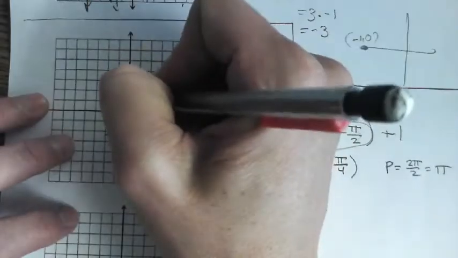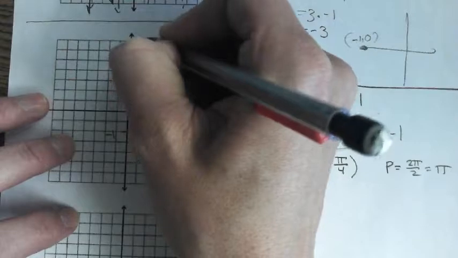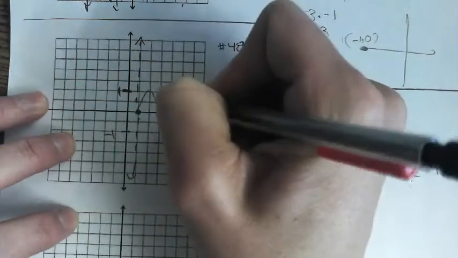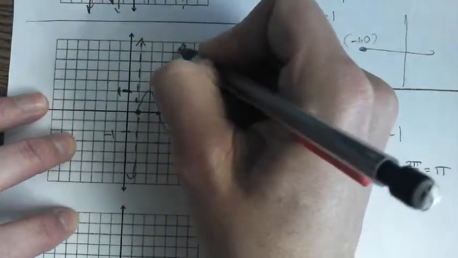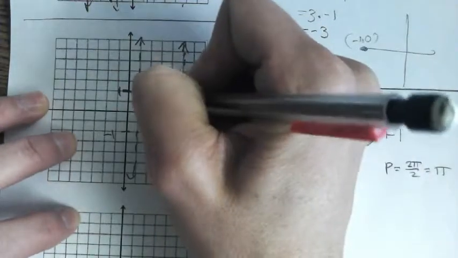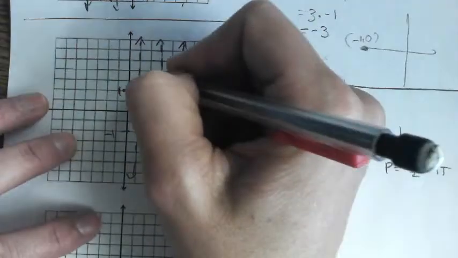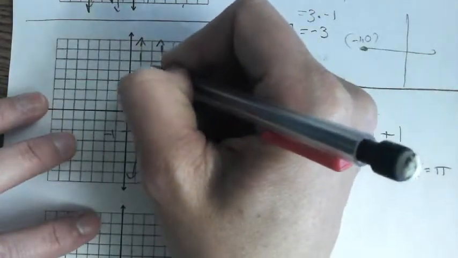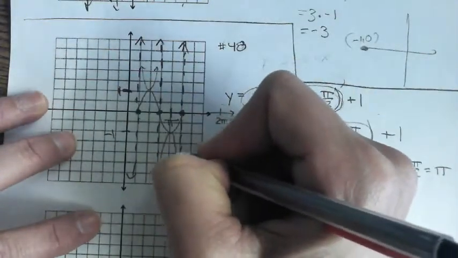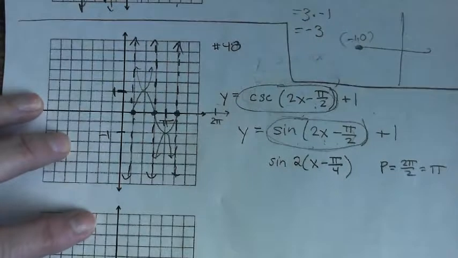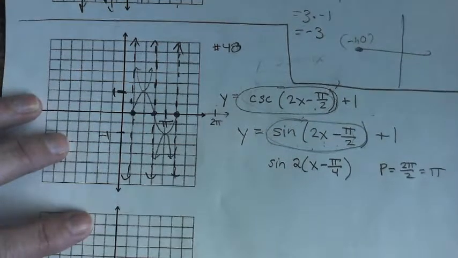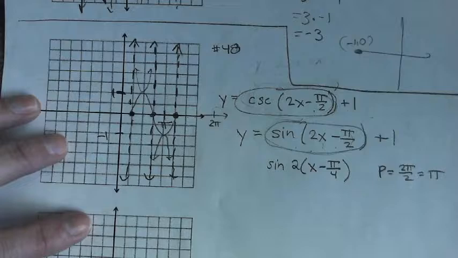I would put in my asymptotes. I'll just do this 1 cycle worth. And I would bounce off the relative maxes and mins. Does this make sense? Yep, we're going to do that.